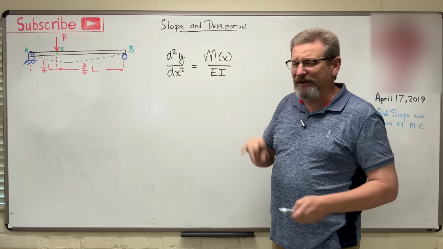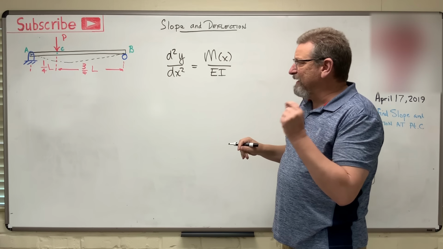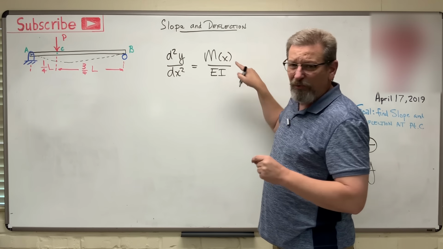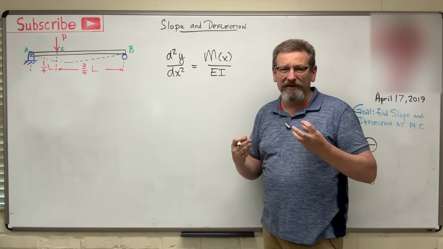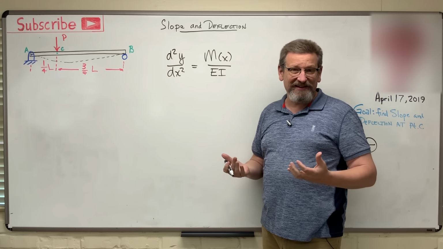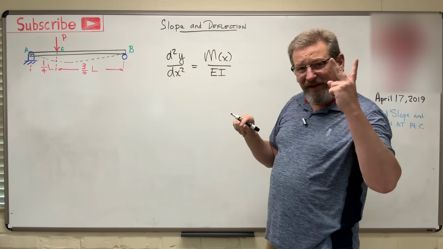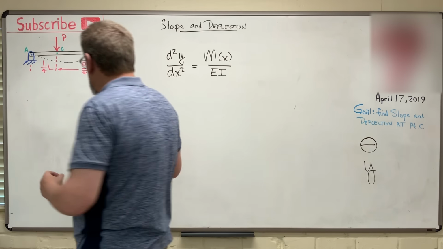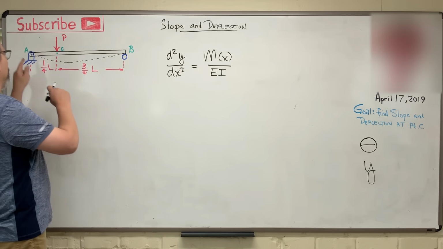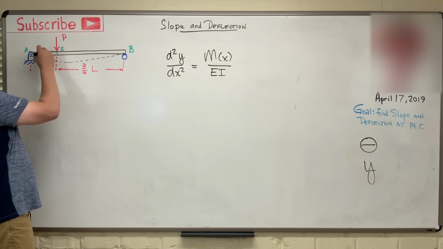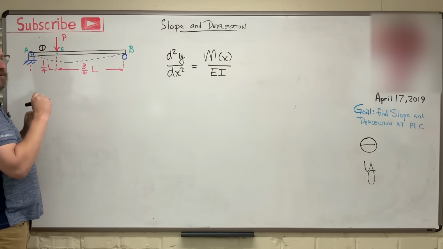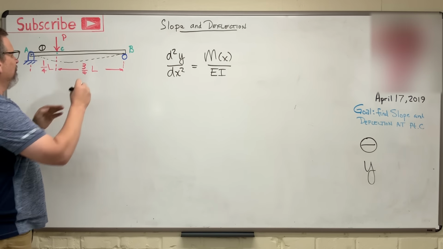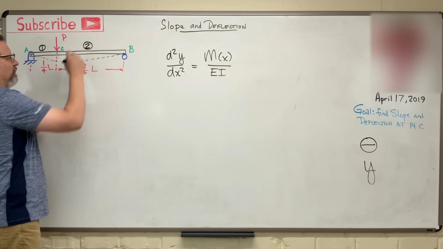The first thing we need to do is find the moment. We've got to write an equation for the moment with respect to x for this beam. We're going to write 2 equations for this. One in between A and C, which we'll call piece number 1, and between C and B is another one, piece number 2.